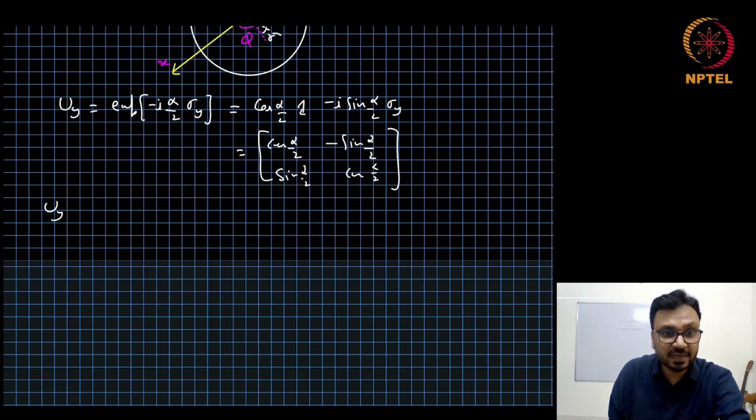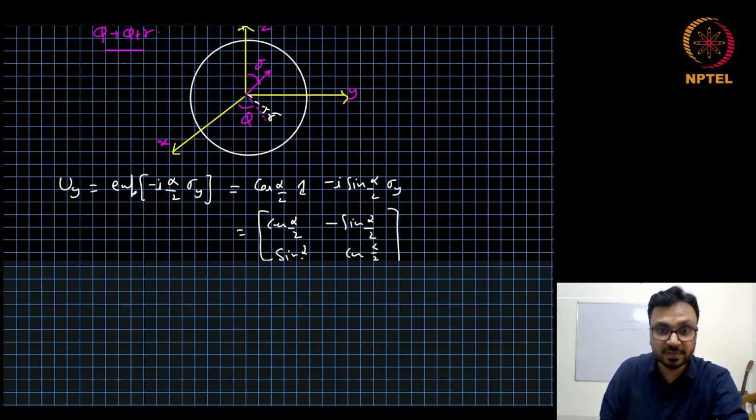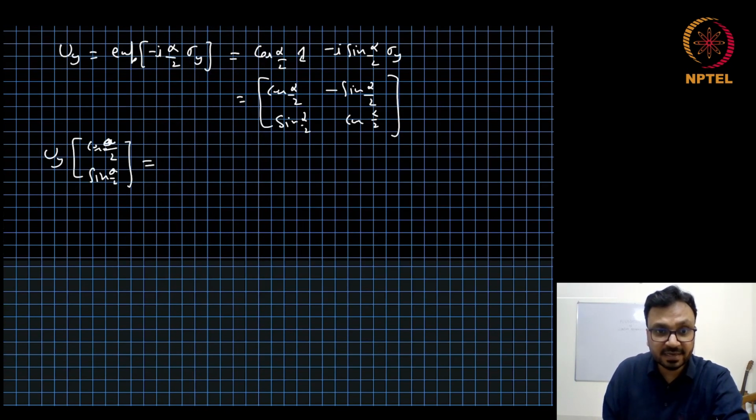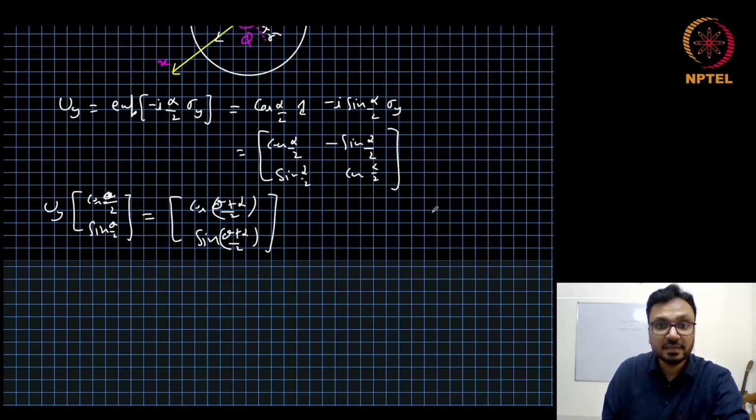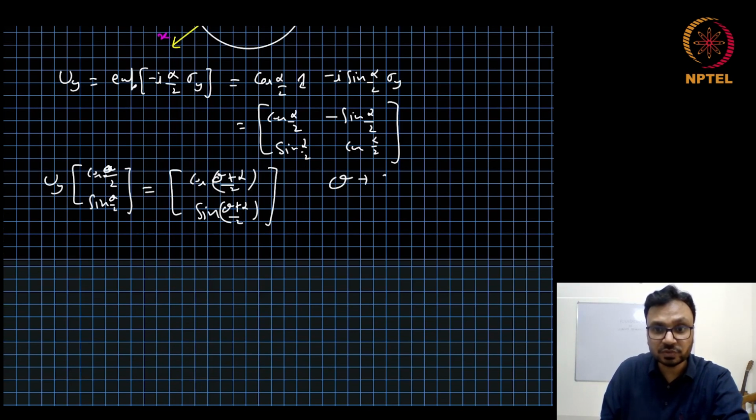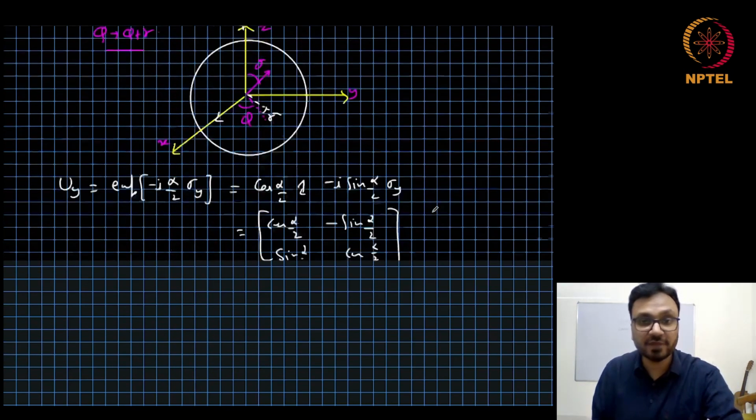If we apply Uy on a state which is real, cos of theta over 2, sine of theta over 2, it means we have taken phi to be 0. Phi 0 means the state lies in the xz plane. Then we get cos of (theta plus alpha) over 2 and sine of (theta plus alpha) over 2. Then theta goes to theta plus alpha, and phi we always have 0 here.